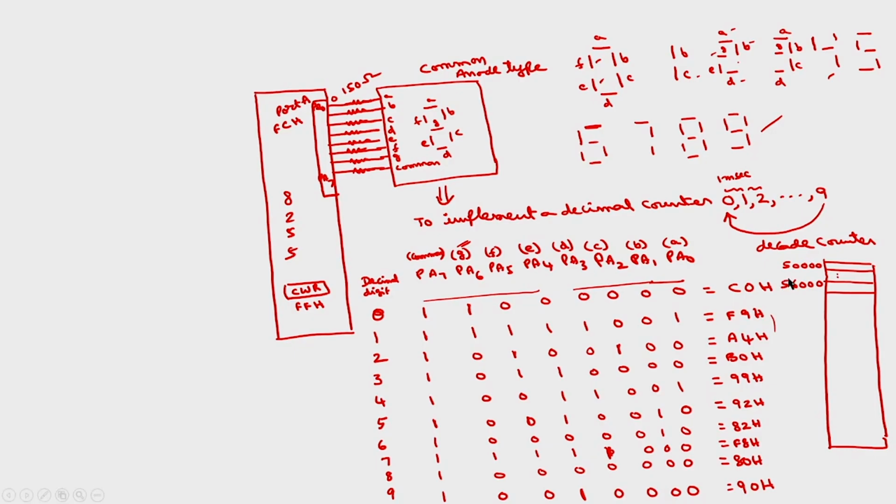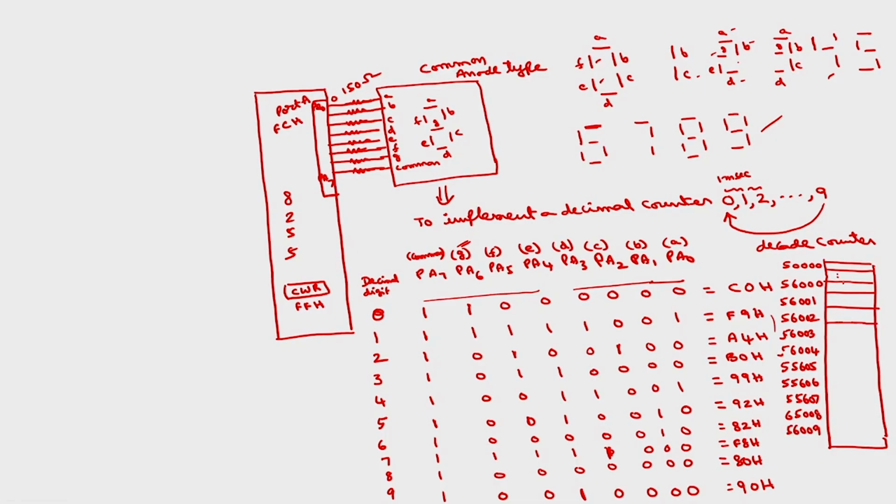So, this will be 56,000, offset is 6,000, then 56,001, 56,002, 56,003, 56,004, 56,005, 56,006, 56,007, 56,008 and 56,009.